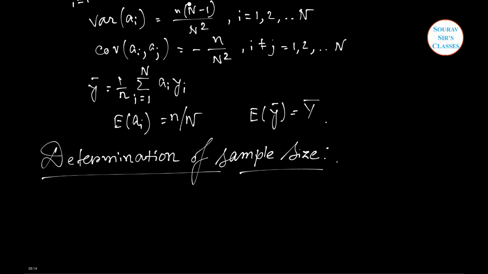So there has to be a balance between the two aspects. Now, the sample size can be determined on the basis of prescribed values of standard error of sample mean, error of estimation with confidence coefficient, coefficient of variation of sample mean, relative error of sample mean, or total cost, among several others.